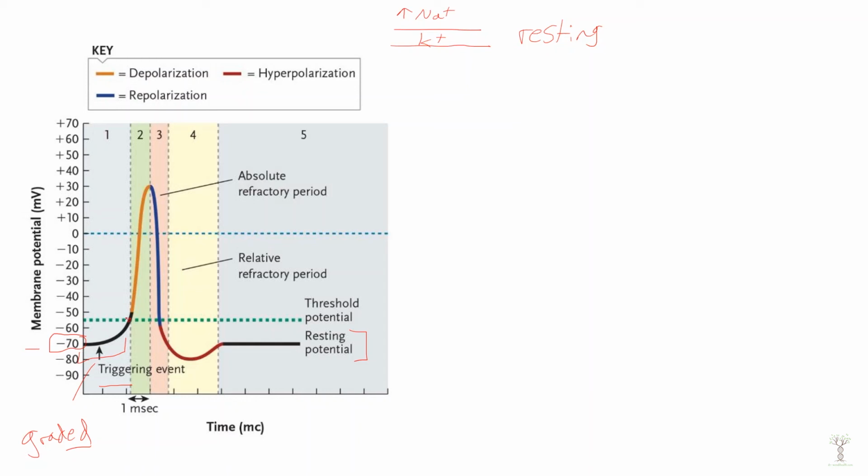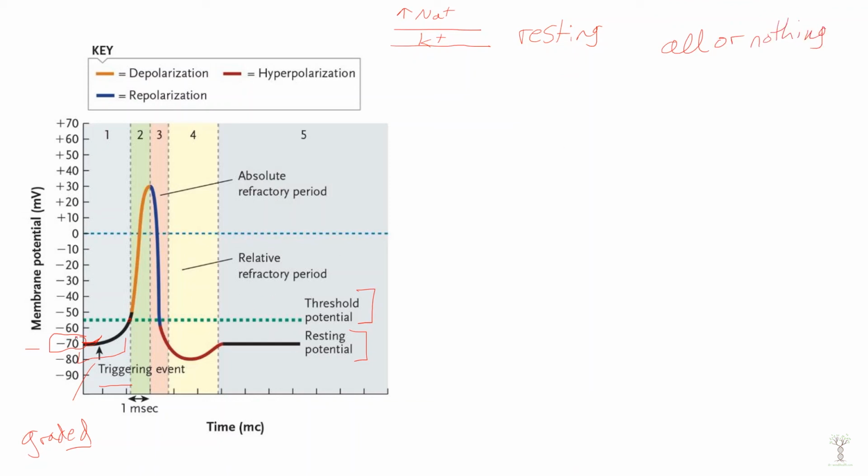Now, for an action potential to occur, this charge change difference has to be significant enough that it reaches a threshold level. If it's a very weak signal and the charge change only moves about 5 millivolts, then an action potential will not occur.